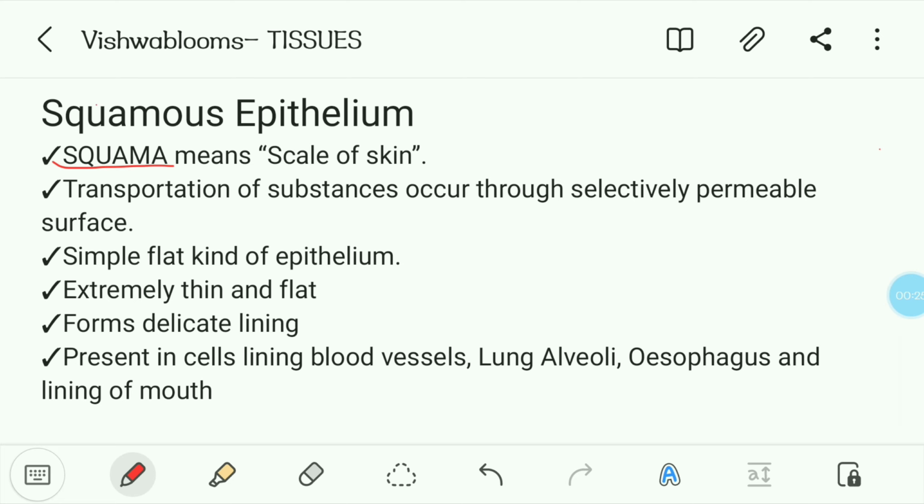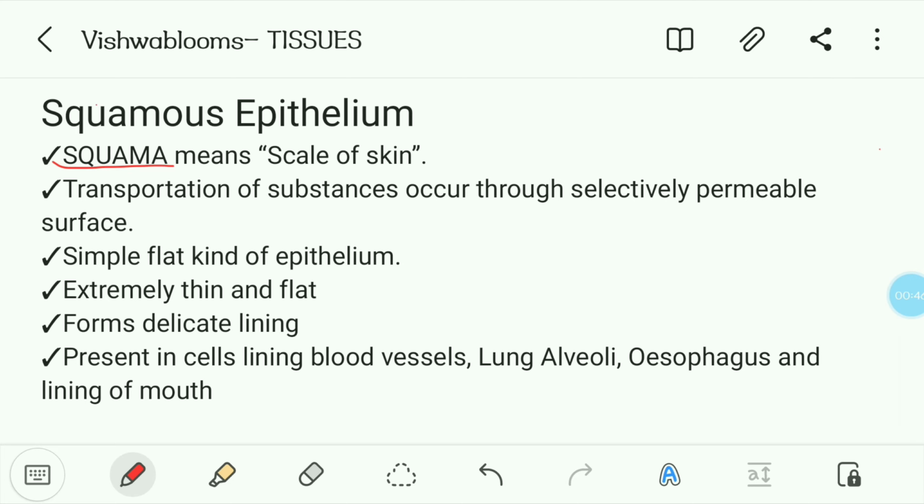The transportation of substances going outside and inside occurs only through a selectively permeable surface. That means only some things are allowed. It is selecting.